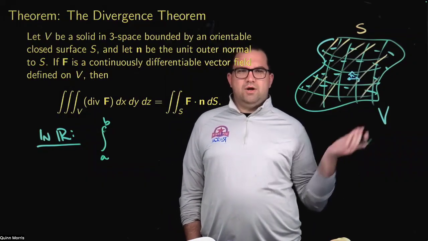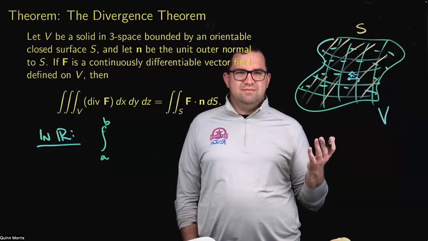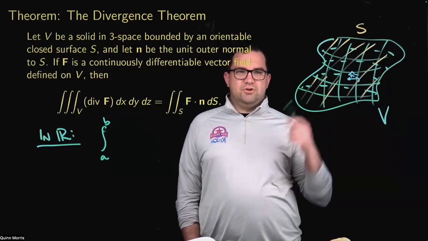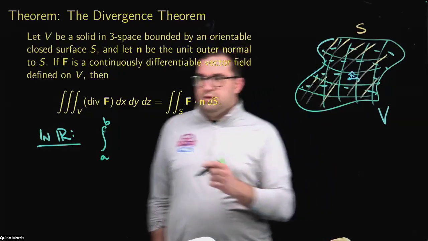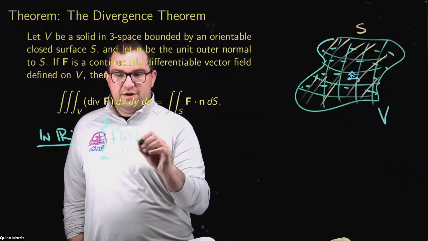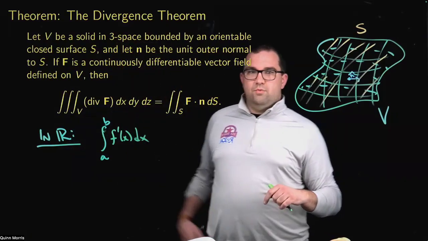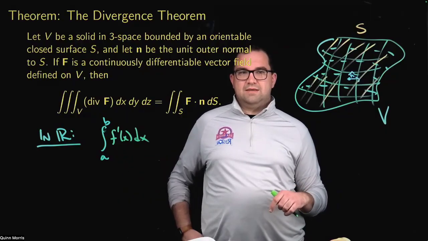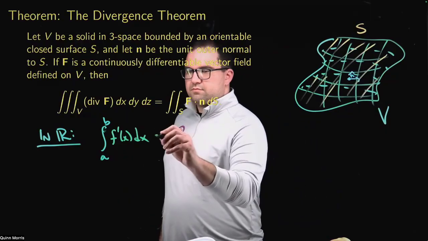That's a vector field with one component. That's just a function. And the divergence of a vector field is just the derivative with respect to that one variable. So in one dimension, the left-hand side becomes the integral from A to B of F prime of x dx.